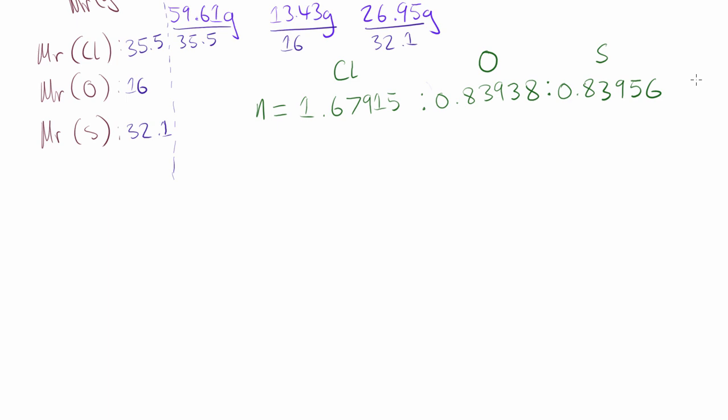What we're going to do to move things towards that objective is divide each of the values we have here by the smallest value among them. In this case, the smallest value is oxygen, the moles of oxygen in this ratio. So we're going to divide all of them by that number.